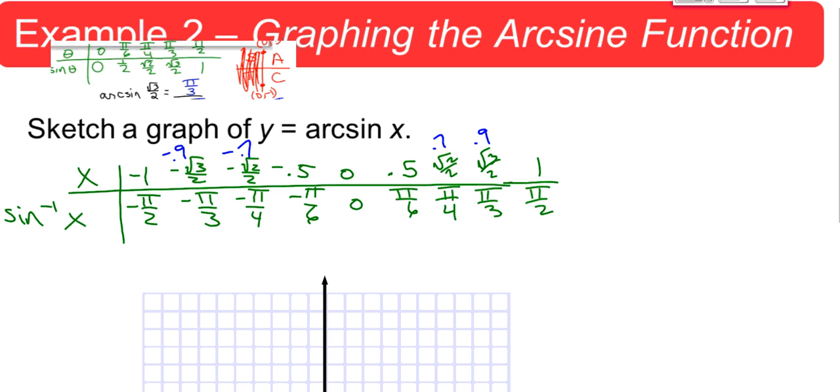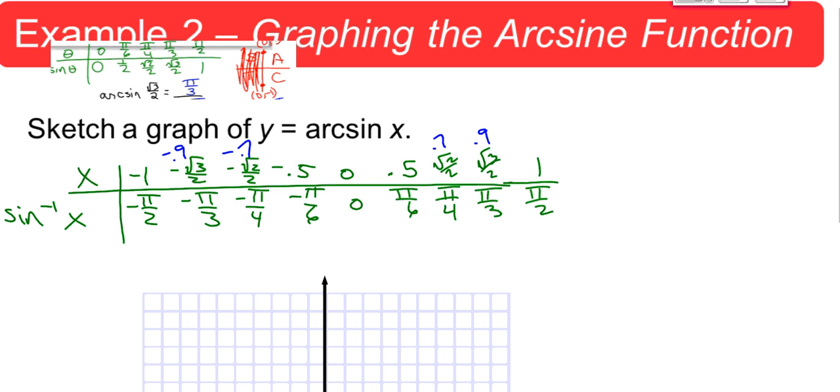Okay, so now when we label our x-axis, it's going to go from what to what? X-axis, look at it. Negative 1 to 1. And our y-axis is going to go from where to where? Okay, so how are we going to do the negative pi over 2 to pi over 2, because I have things like pi over 4, pi over 6?